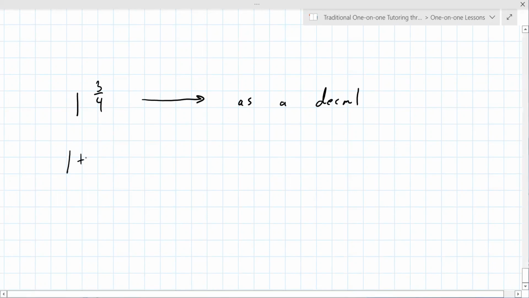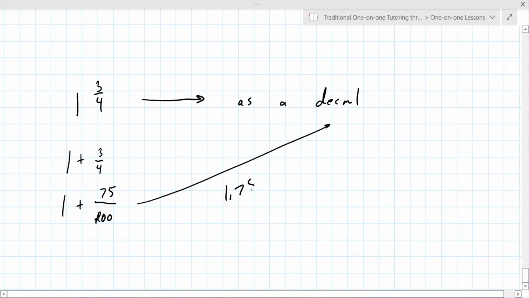It's really 1 plus 3/4. You can multiply 3/4 by 25. So that becomes 75 on the top and 100 on the bottom. So what is 75 out of 100? Oh, yeah, it's 1.75. Very good.